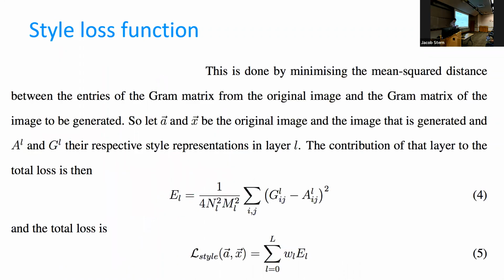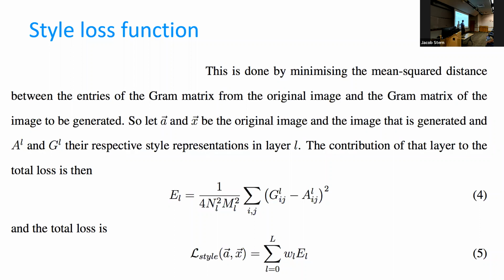Okay, so our loss function will look very similar to our content loss function, only we are taking the gram matrix of our style image and the gram matrix of our generated image, and we're taking the mean squared error across all entries of those matrices.